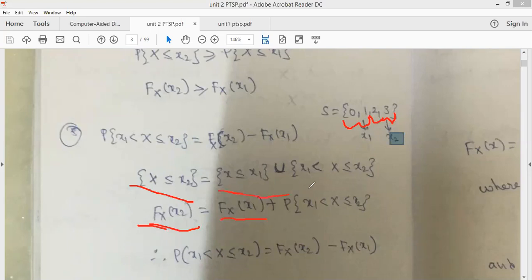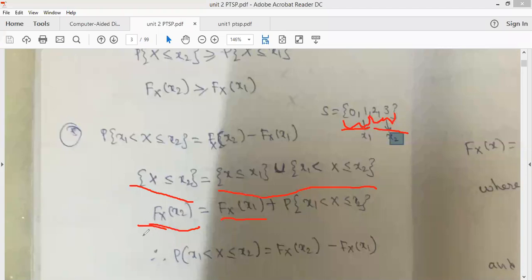We are using our third axiom, the union of two mutually exclusive events, because till here and from here to here it does not have common elements. The probability of the union of two mutually exclusive events will be equal to the sum of the probabilities of the individual events. So we get probability of x less than or equal to x2 equal to Fx of x1 plus probability of x1 less than x less than or equal to x2.